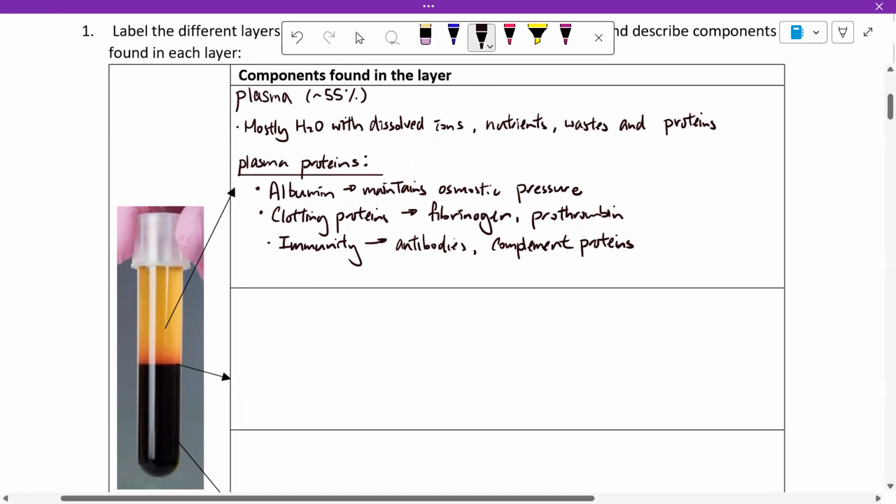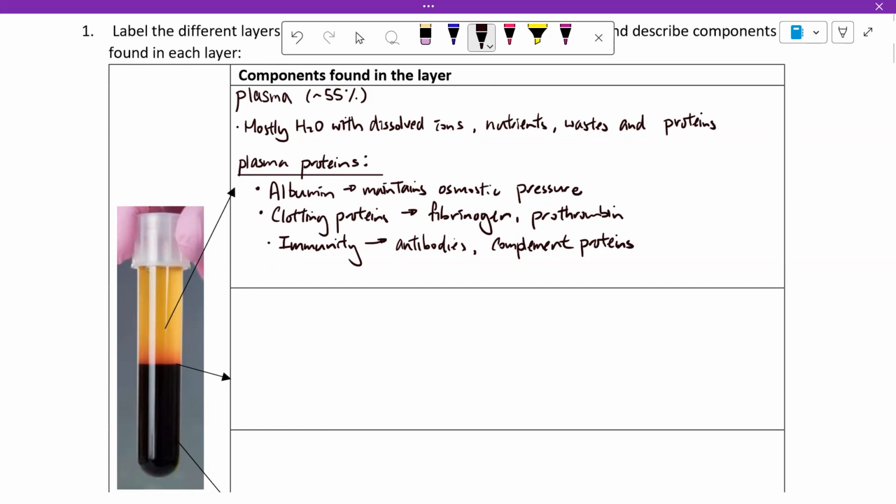Okay, so complement proteins, these are made in the liver. The word we used in class was synergize, which means it works with other immune responses to make them better. They leave chemical trails for cells to follow, so they know where to go.